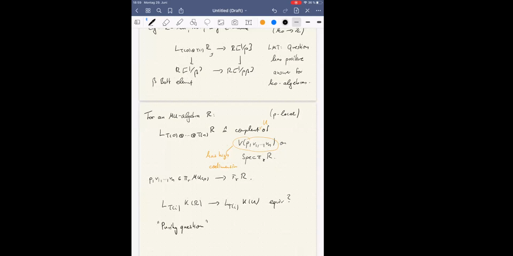If you have something which is not an MU algebra, we cannot directly have these elements vi, but we can think about the Balmer spectrum of the category of spectra. If you know what this means, it's good. If you don't, just ignore the content and have a similar perspective there: this localization corresponds to a certain open subset we might consider. And then one might consider it like a purity statement with respect to the Balmer spectrum.